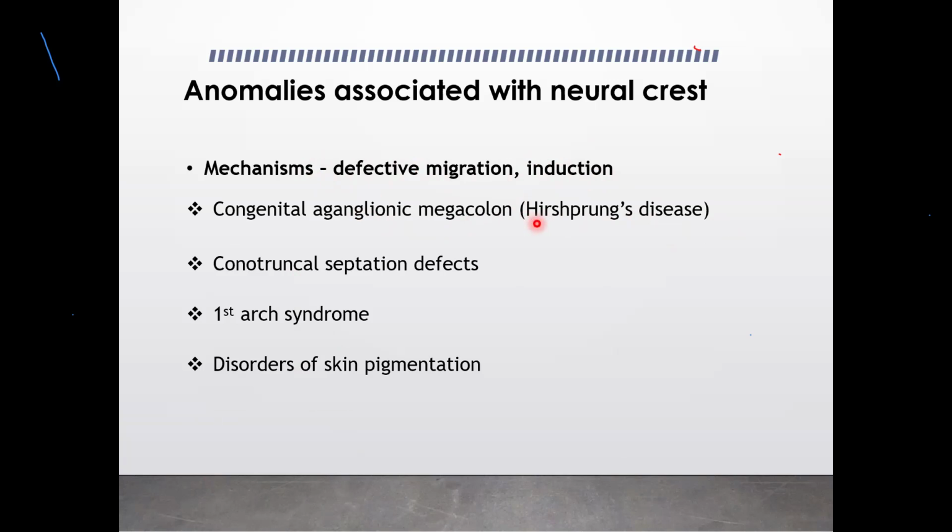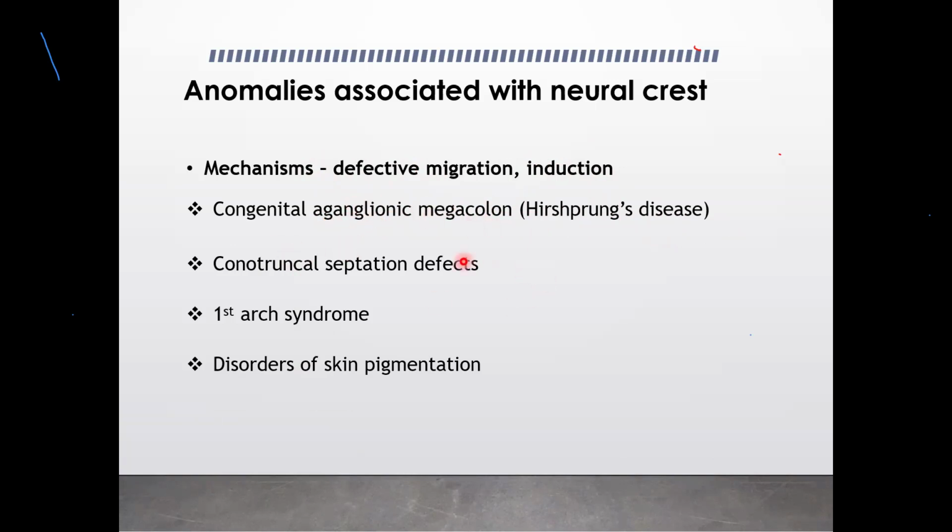We'll see it. In Hirschsprung disease, the person has a larger colon, called megacolon, where the sigmoid colon and the descending colon are bigger because we did not form the ganglion, so we call it aganglionic, absence of ganglion cells.